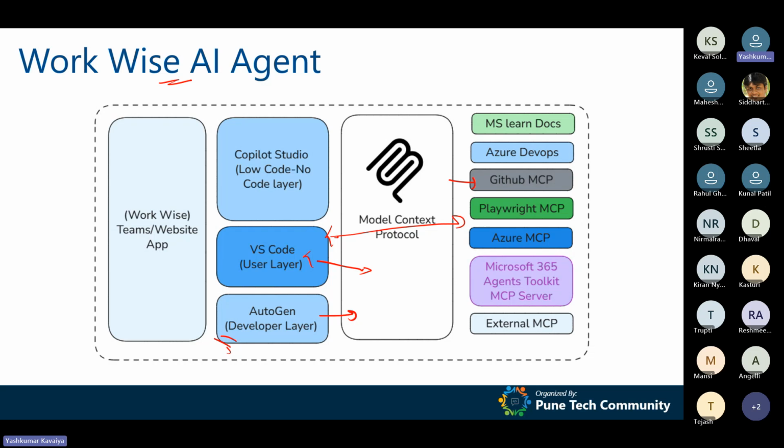If I talk about low-code, no-code solutions in Copilot Studio, this is under beta. But if we dive into tools, we have an option to integrate an existing MCP server.